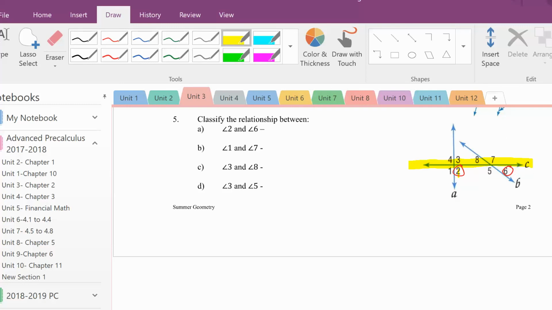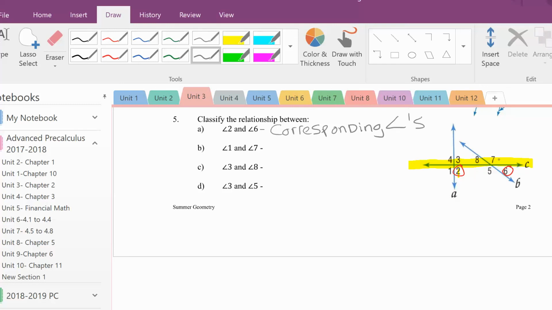So it's not going to be interior or exterior angles. And notice that 2 is in the bottom right and 6 is in the bottom right. So that means they're corresponding angles. Corresponding means they're on the same spot, just different lines. Or not corresponding lines, corresponding angles.